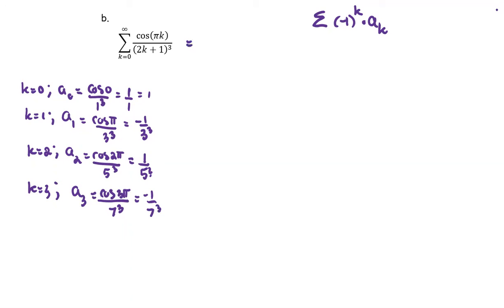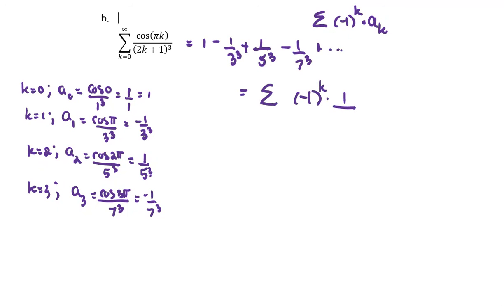As you make a list, the series is in the form of 1 minus 1 over 3 to the third plus 1 over 5 to the third power minus 1 over 7 to the third power, and so forth. Then we can rewrite it as the general alternating series, the summation of negative 1 to the power of k times 1 over the odd term, which is (2k plus 1) to the third power.